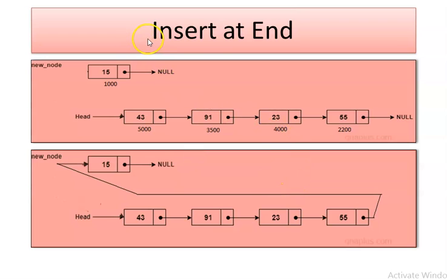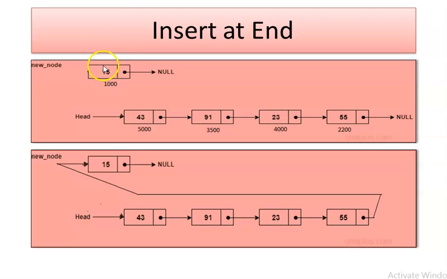Now when we need to insert a value or node at the end of the list, we should do an additional process of traversing, or we should reach the end of the list. As before, we are having a new node with the same value 1000 as its address, and we have its data part or information part as 15, and this link is being initialized as null so that it is an independent node.